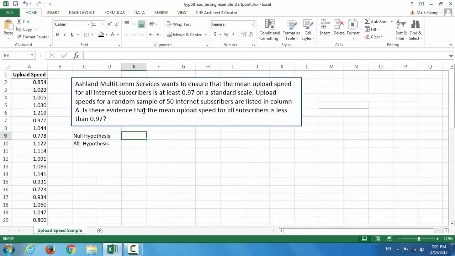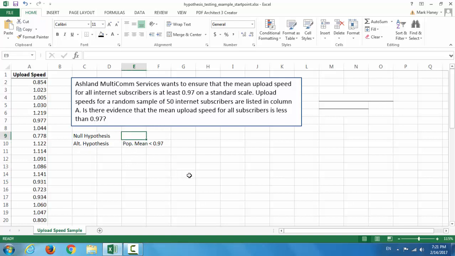So we need a hypothesis about the population mean upload speed with a less than sign. Remember, the null hypothesis always has to have an equal sign. So either an equal, a greater than or equal to, or a less than or equal to. So we need one here with a straight less than sign. So that means it has to be in the alternative hypothesis. So the population mean is less than 0.97, population mean upload speed.